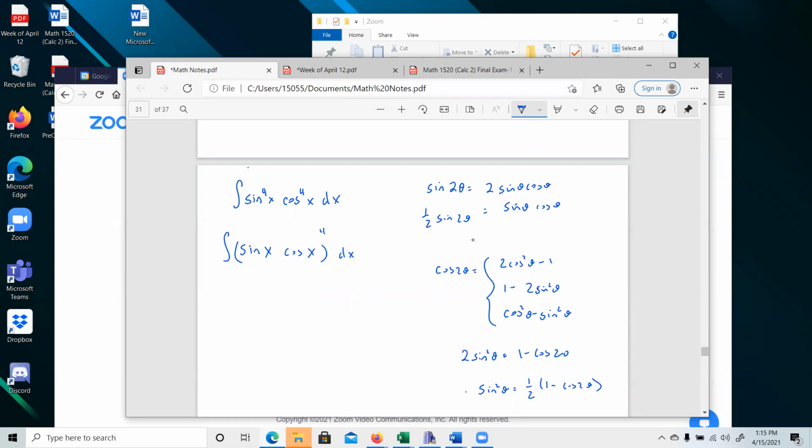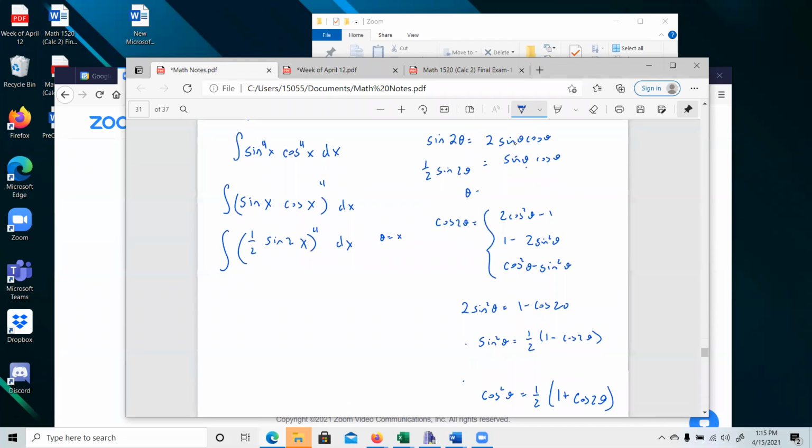So here we have sine theta cosine theta equal to 1/2 sine 2 theta, raised to the 4th power dx. Since theta is equal to x, that's going to be 2x. That's going to change a little bit later on as well.